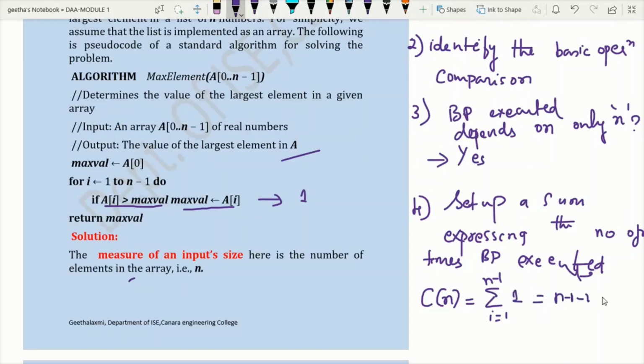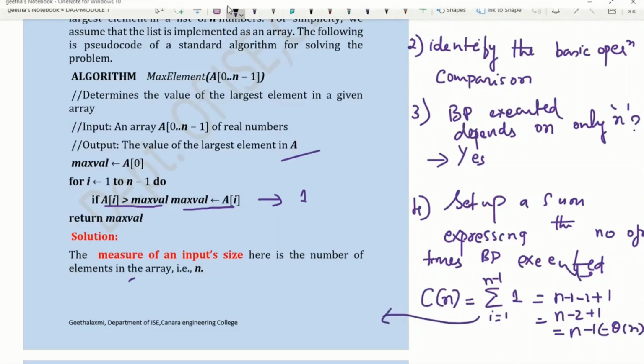U minus L plus 1. So n minus 2 plus 1, that is n minus 1, which belongs to theta of n. Let me tell you the formula I have applied here.